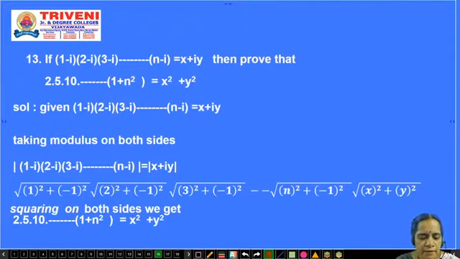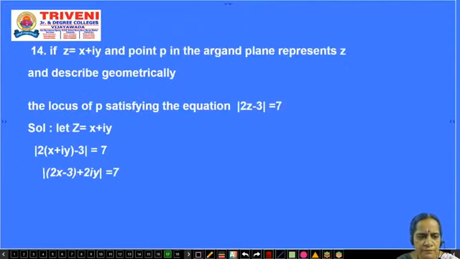Okay, and then the next one is, suppose they give the value of z is equal to x plus iy, and the point P in the Argand plane represents z, and describe geometrically the locus of P satisfying the equation mod of 2z minus 3 is equal to 7. They gave z is equal to x plus iy.